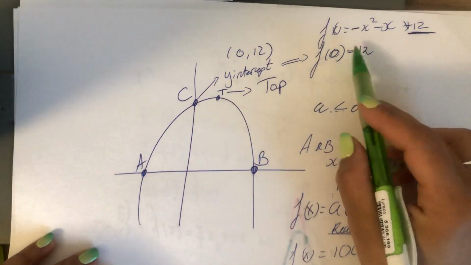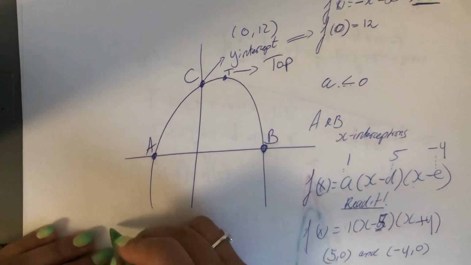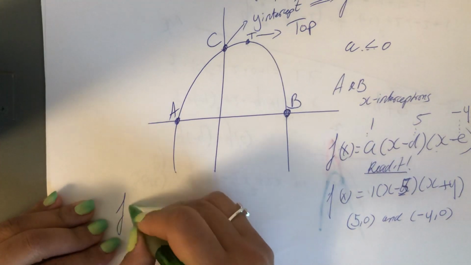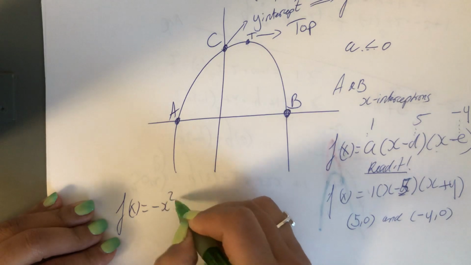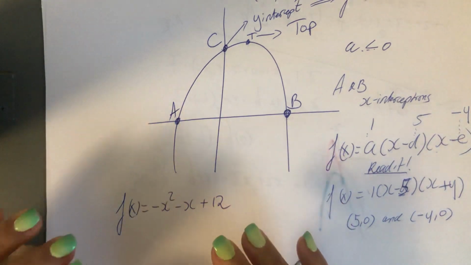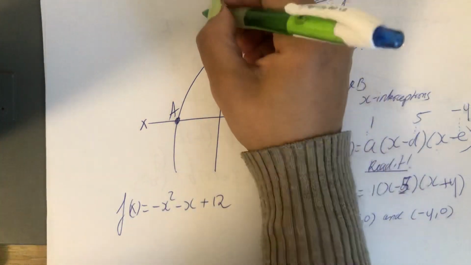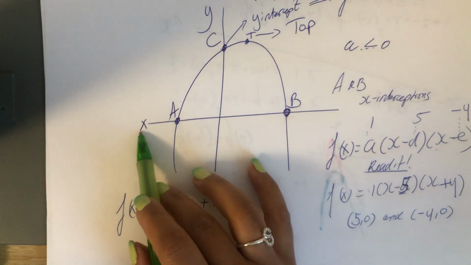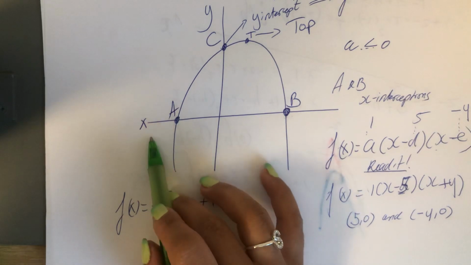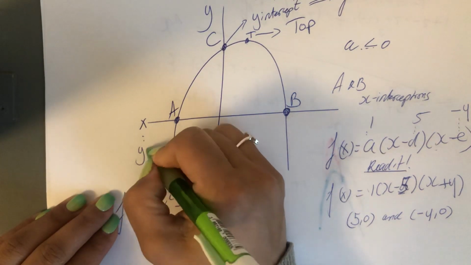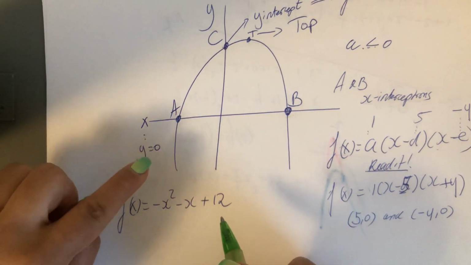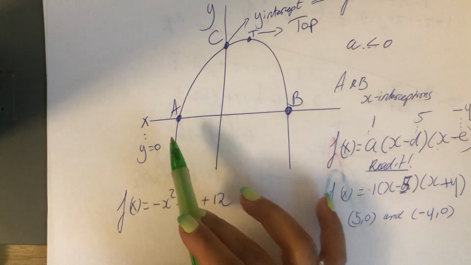Back to the ABC form over here. So we had f(x) equals minus x squared minus x plus 12. You need to solve. And this is the x-axis, this is the y-axis. Since we're looking for the x-intercepts, we know y is 0. We fill in 0 for y.